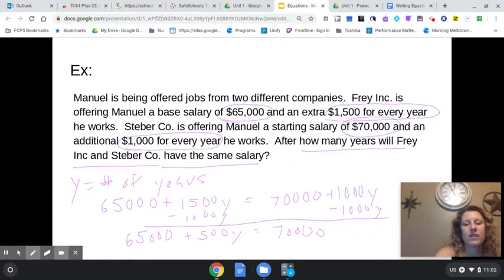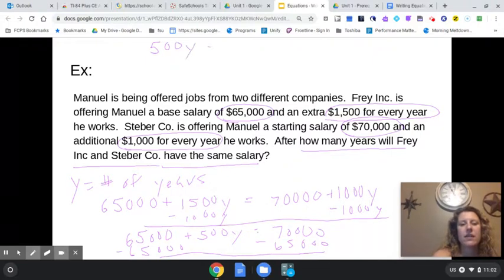We're going to subtract 65,000 from each side. So we get, I'm going to write it up here at the top, 500y is equal to $5,000.